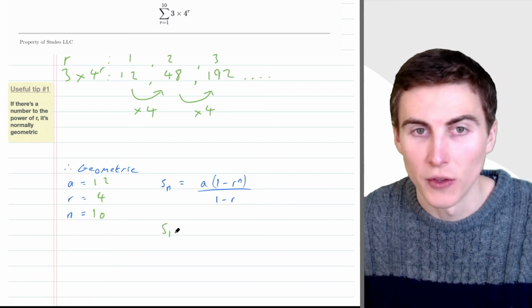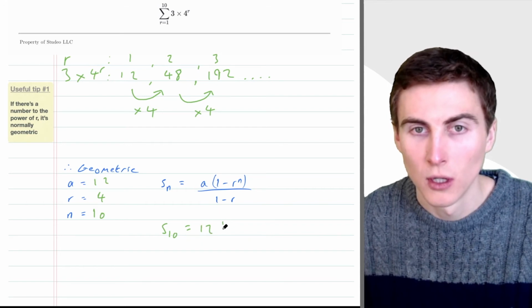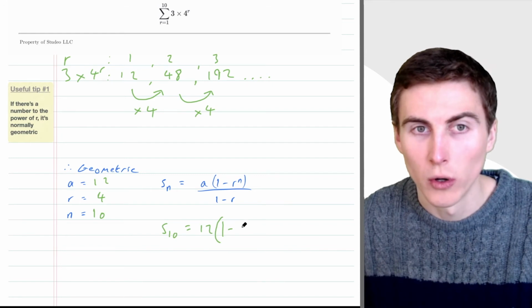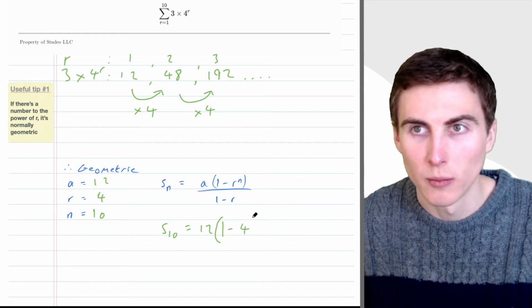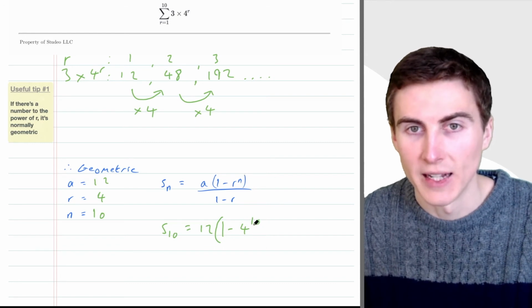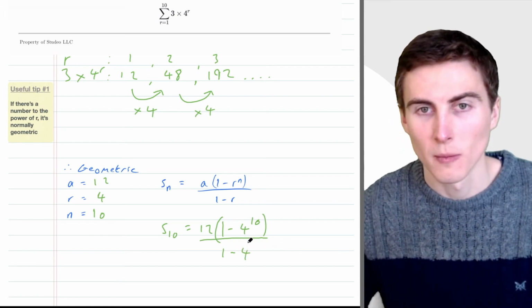So the sum of the 10 terms is going to be a, which is 12, times 1 minus 4 to the power of 10, because r is 4 and n is 10. And then that's going to be divided by 1 minus r, which is 1 minus 4.